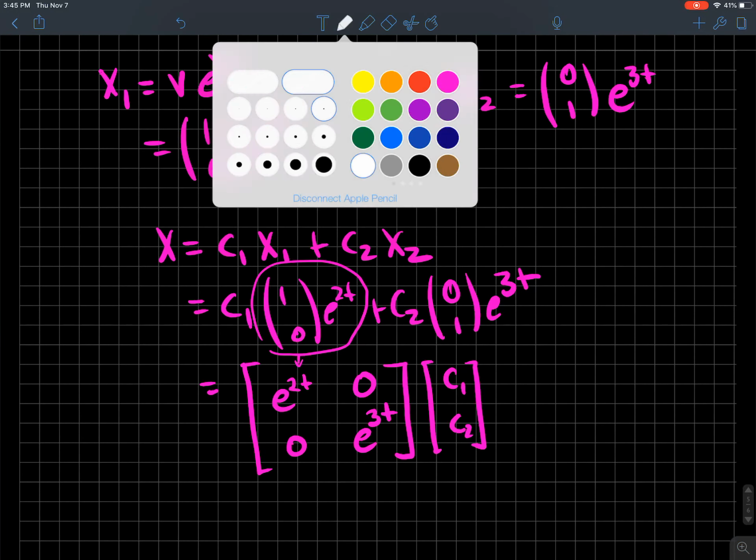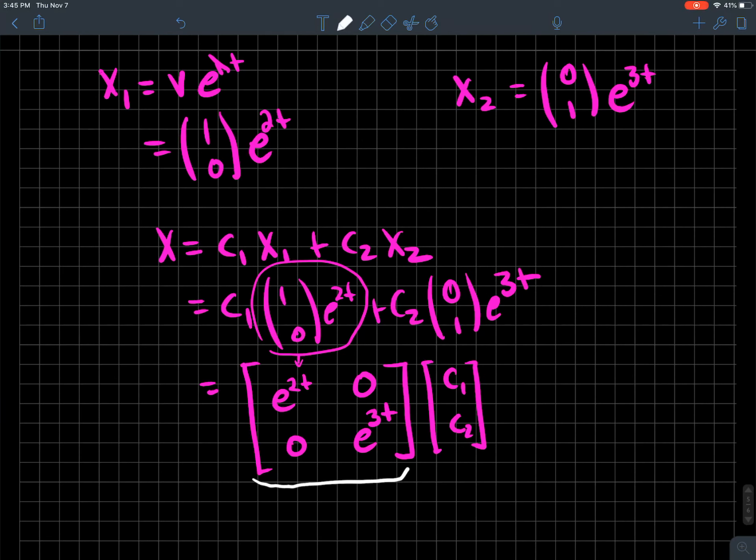This matrix is what we call the fundamental matrix. Sometimes it's denoted as capital X, not to be confused with lowercase x. It's a function of t. It's a matrix, the fundamental matrix, while on the left is the vector.